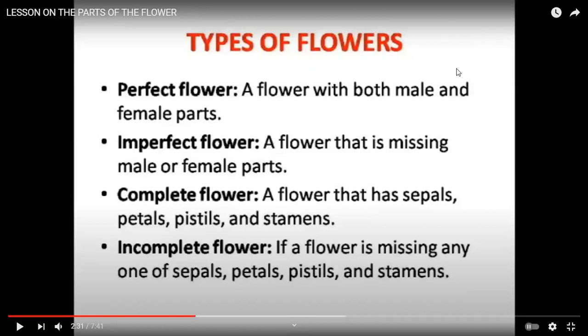Then you have a complete flower, a flower that has sepals, petals, pistils, and stamens. And there are incomplete flowers. If a flower is missing any one of the sepals, petals, pistil or stamen, then it's an incomplete flower, right?